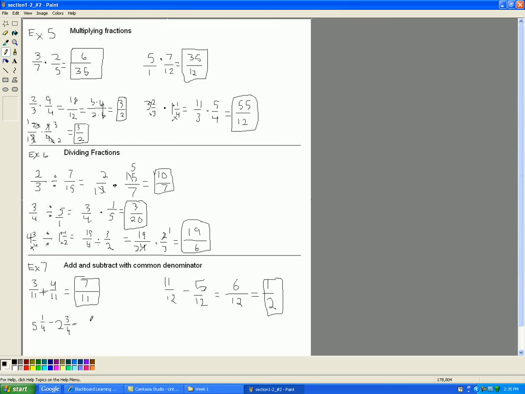Here we go ahead and just change to improper fractions, times and plus. That's 21/4 minus 11/4. And that's going to give us 10/4.